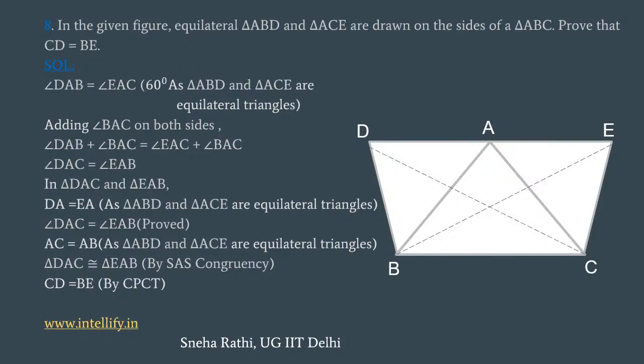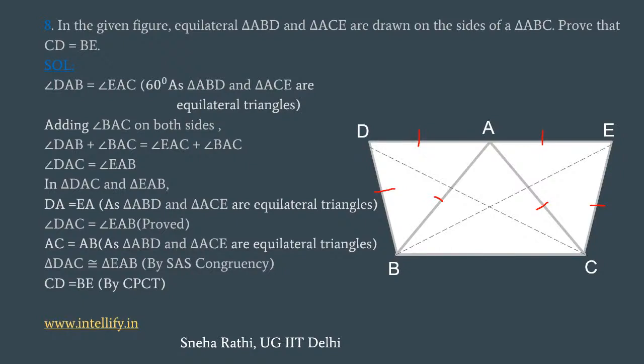So BD will be equal to EC, and it is also given that triangle ABD and triangle ACE are equilateral. So DB will be equal to AD, which will also be equal to AB, and CE will be equal to AC, which will also be equal to AE. So all the sides are equal and all the angles are also equal because it is an equilateral triangle. So every angle is 60 degrees.